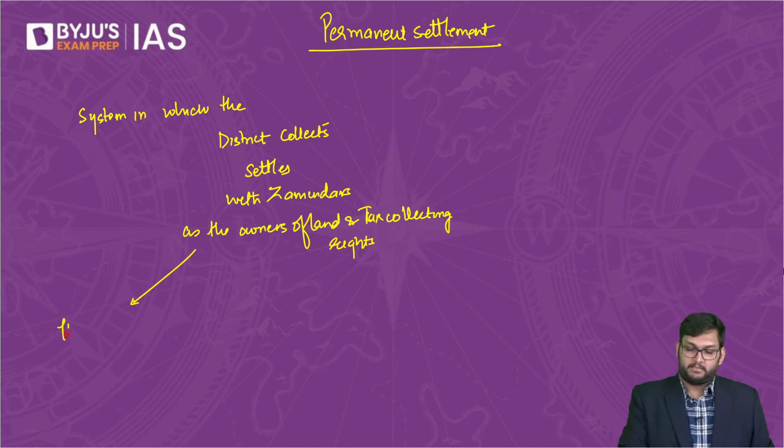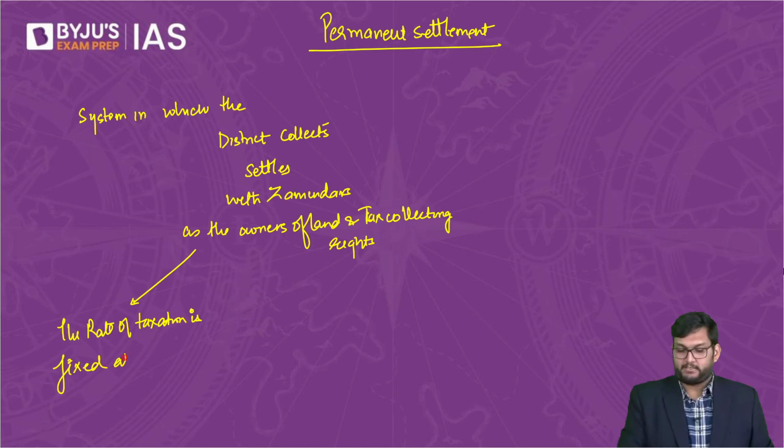the rate of taxation is fixed at 10/11 and 1/11 for the British and for the zamindar.